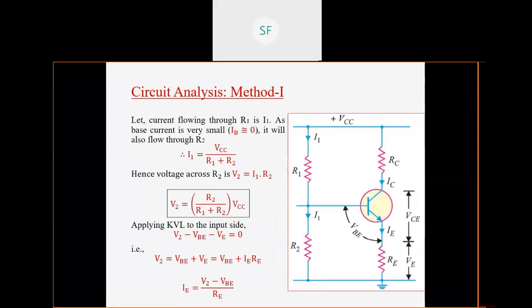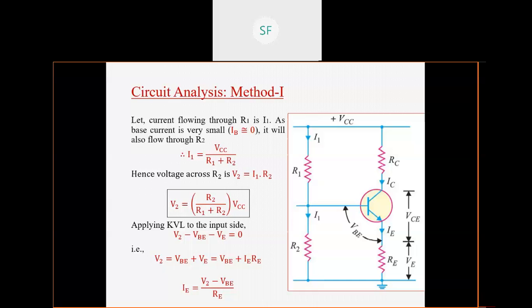Now in circuit analysis, there are actually two methods. It is important that you should be able to understand both methods. The procedure is the same. We have to find the value of VCE, that is the collector emitter voltage. Where is VCE? This is your VCE, and the output current is IC.